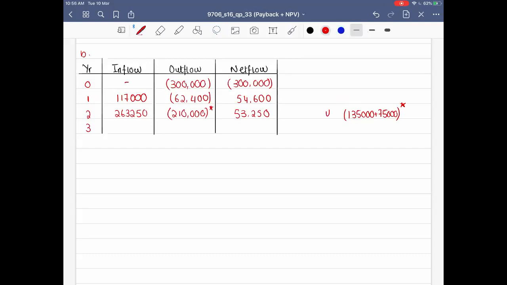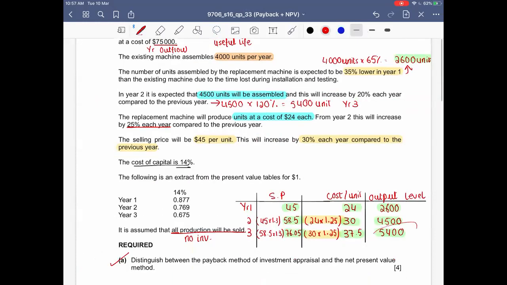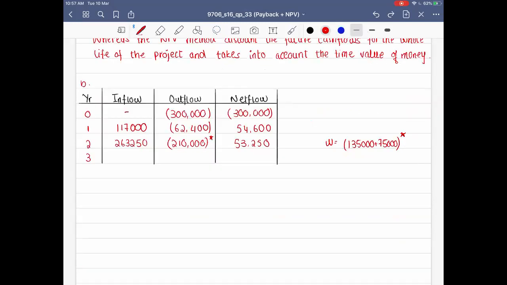Next, year 3 के अंदर what is our output level in year 3? Sir, year 3 के अंदर our output level is 5,400 units multiplied by selling price is now 76.05. That is 410,670.